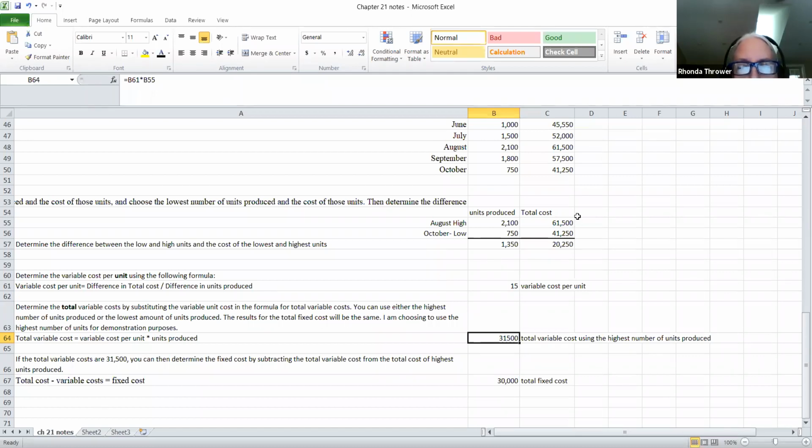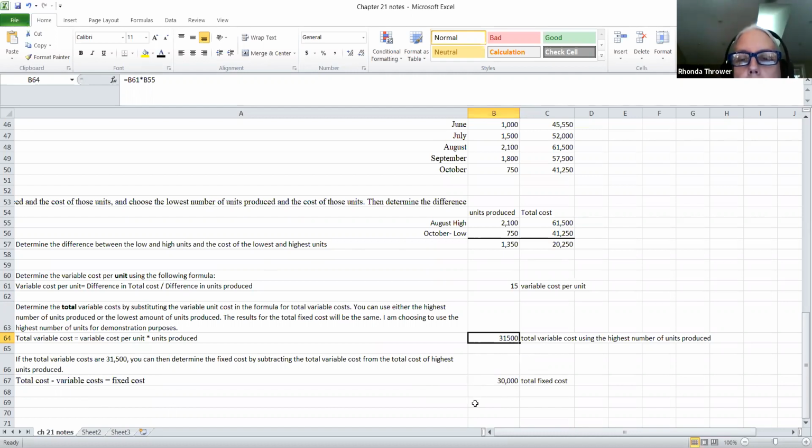My total cost of the highest units is $61,500. If I subtract out my variable cost for the highest units of $31,500, that gives me my fixed cost of $30,000.